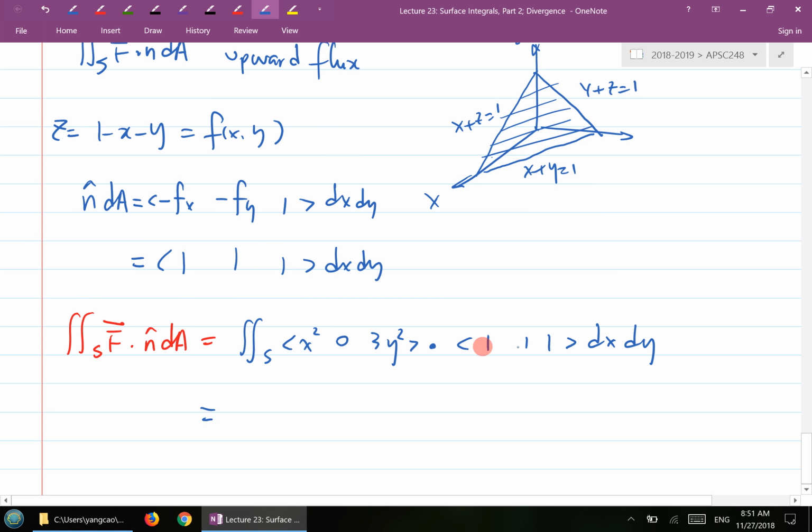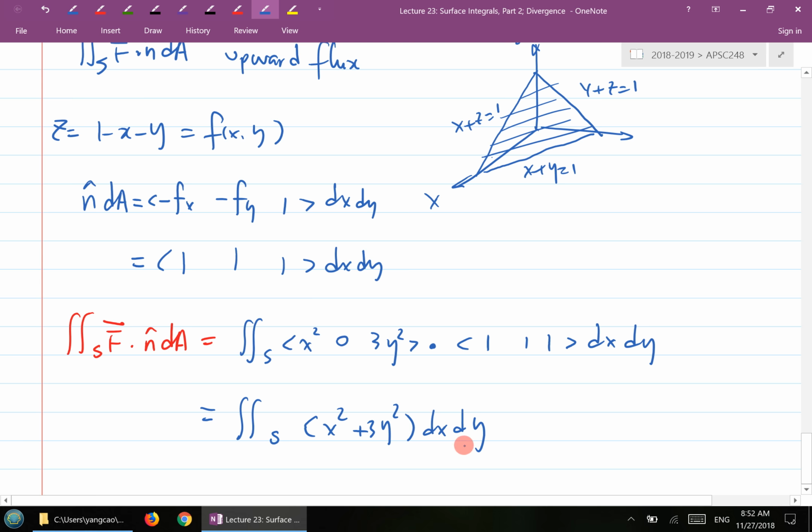So calculate the dot product: x squared plus 3y squared dx dy. Everything is in x and y up to here, which is fine, so we don't need to replace any z. It just happened that this vector field doesn't have any z variable in it.